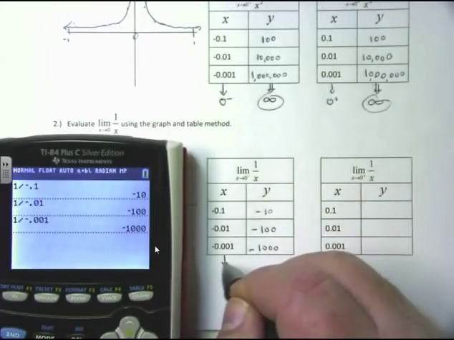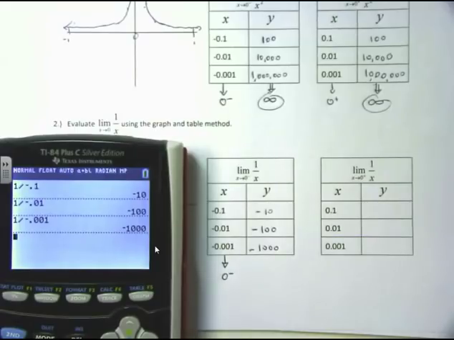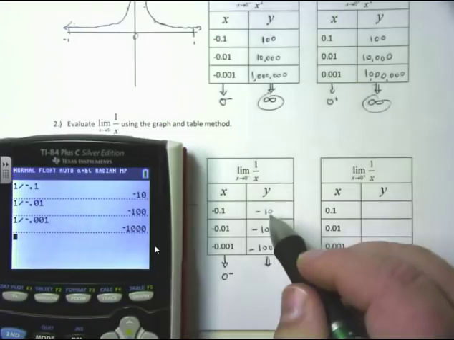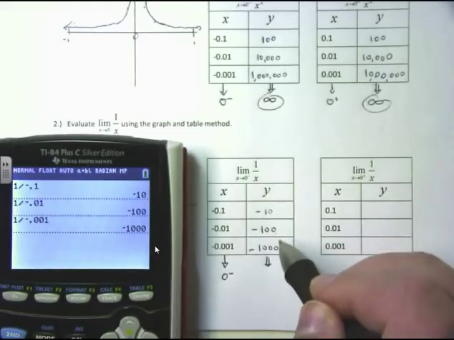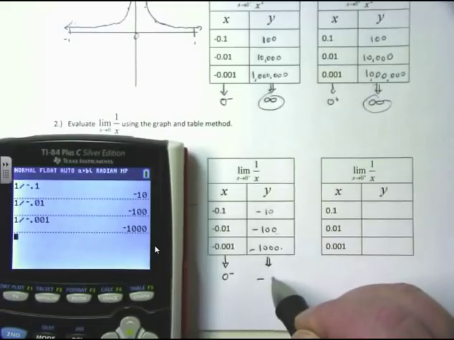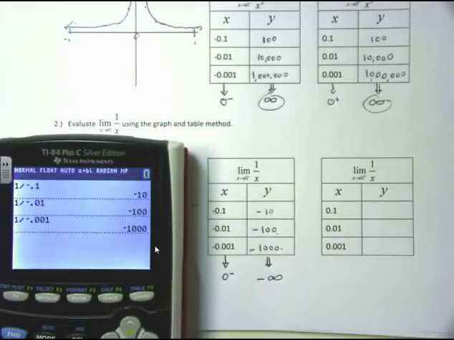So as I approach 0 from below, from the negative side, you'll notice that my numbers are going from negative 10 to negative 100 to negative 1,000. It gets bigger and bigger negatively. It's going towards negative infinity, very, very small.